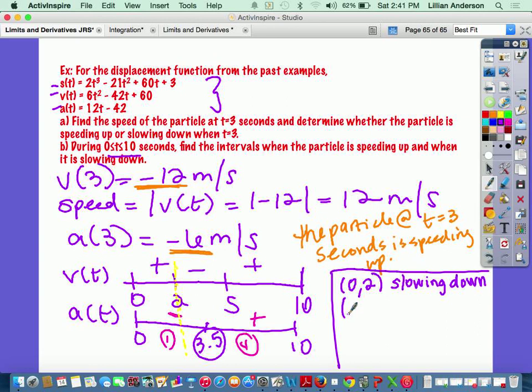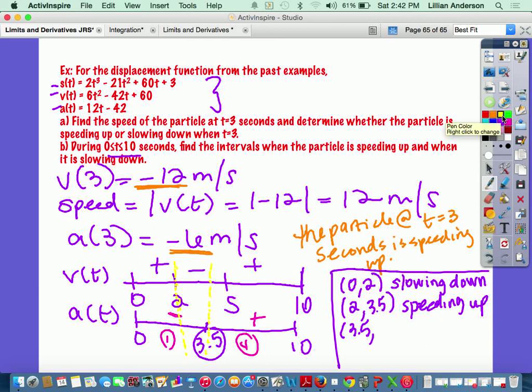Now, if I look from 2 until 3.5, I'm negative, because I'm negative from 0 to 3.5 on my acceleration function, and from 2 to about 3.5 on my velocity, I'm negative as well. So from 2 to 3.5, my signs are the same, which means I am speeding up. Now from 3.5 to what value, and what am I doing?